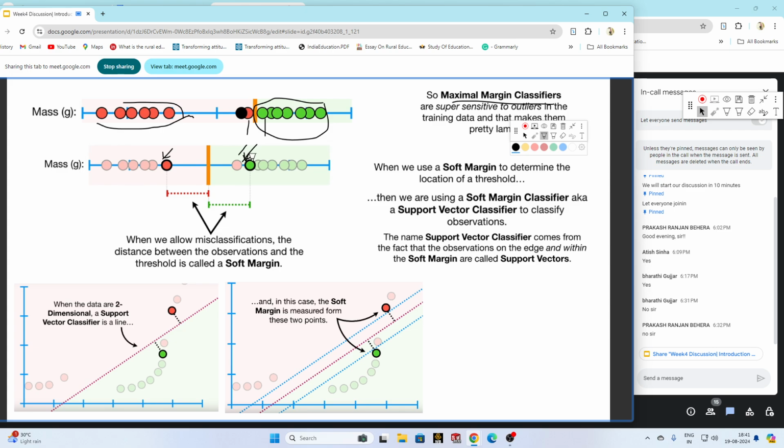The points at the extreme, wherever we are taking our soft margin from, are known as our support vectors. So is this concept clear for one-dimensional data, how we reached there?